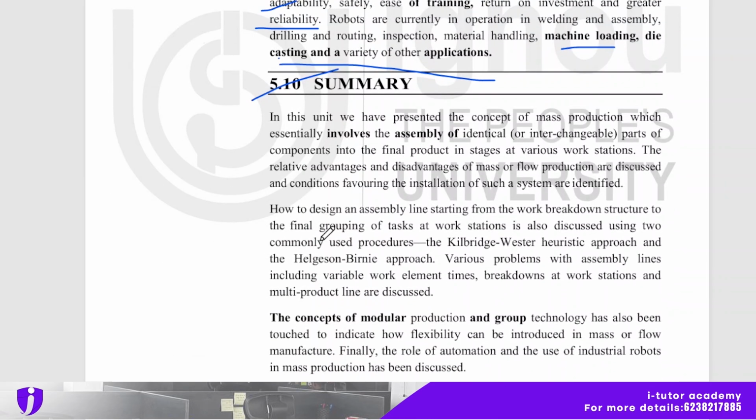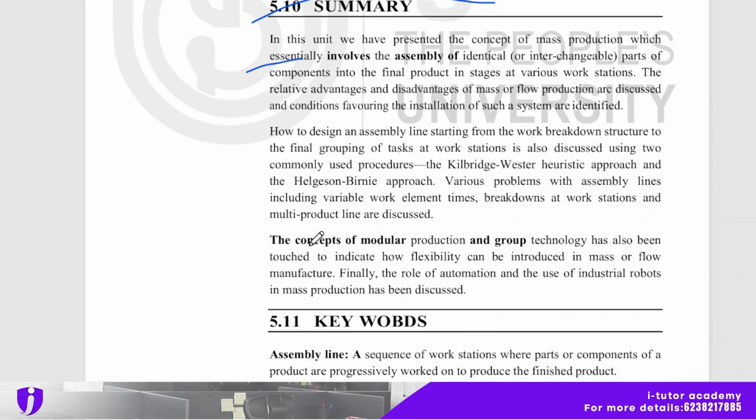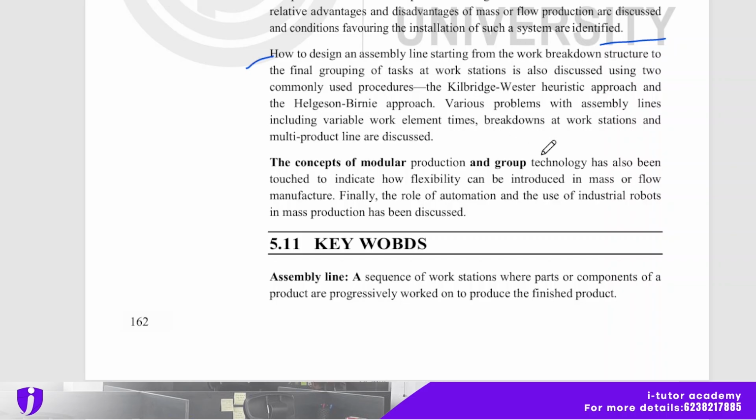Summary. In this unit, we have presented the concept of mass production, which essentially involves the assembly of identical or interchangeable parts or components into the final product in stages at various workstations. The relative advantages and disadvantages of mass or flow production are discussed and conditions favoring the installation of such a system are identified. How to design an assembly line, starting from the work breakdown structure to the final grouping of tasks at a workstation, is also discussed using two commonly used procedures, the Kilbridge Western heuristic approach and the Helgeson-Birnie approach.